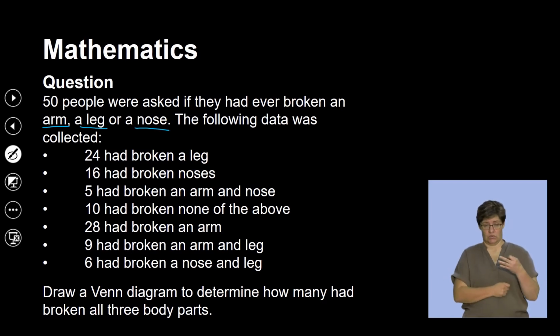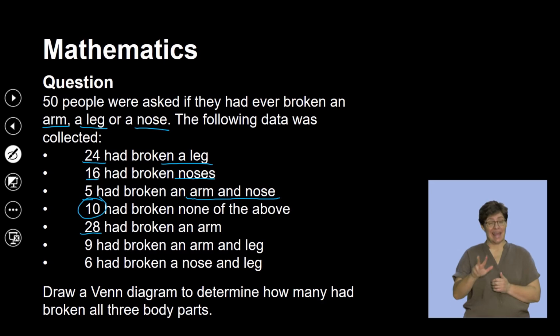The following data was established. We had 24 said they'd broken a leg, 16 had broken noses, 5 had broken an arm and a nose. Notice that 10 had not broken any of these body parts, 28 had broken an arm, 9 had broken an arm and a leg, and 6 had broken a nose.